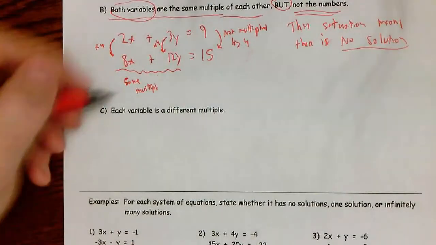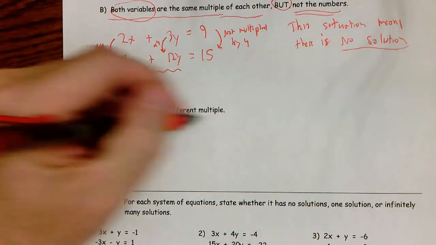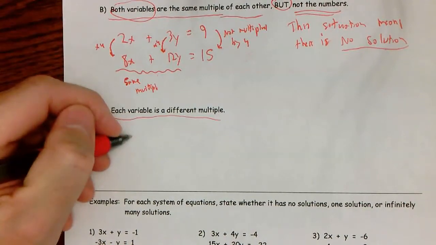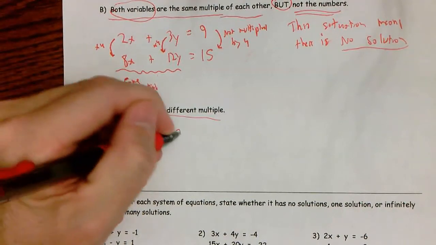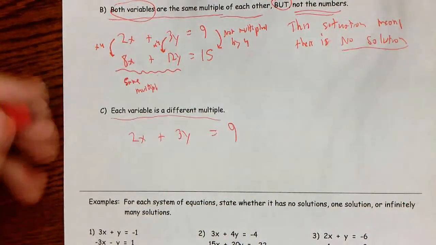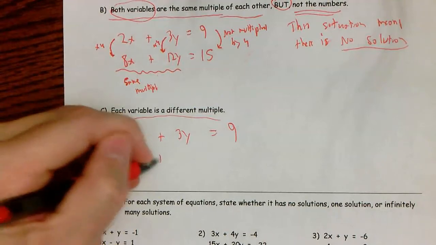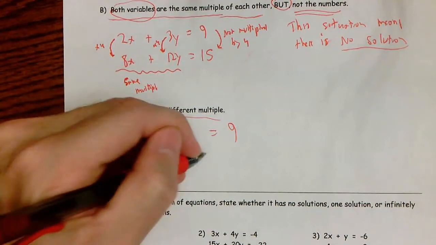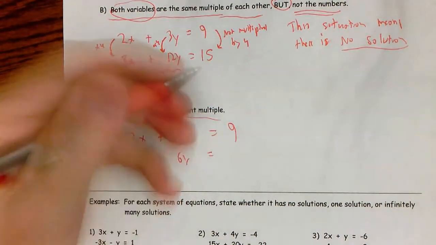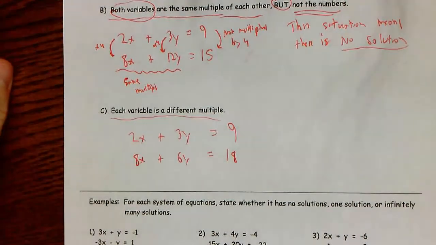And then our last case is each variable is a different multiple. Like 2x plus 3y equals 9, and 8x plus 6y equals whatever, it doesn't matter, 18.